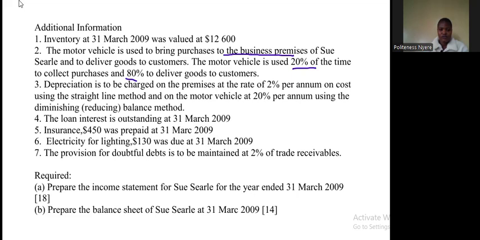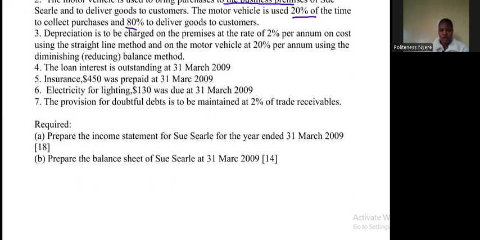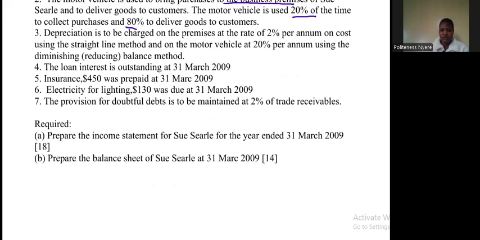Electricity for lighting 130 was due at 31 March. The provision for doubtful debts is to be maintained at 2% of trade receivables. That is the information that we have. We are required to prepare an income statement for Sele for the year ended 31 March 2009.